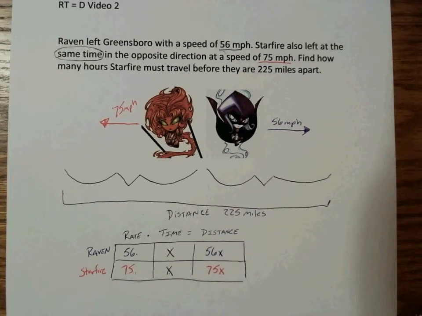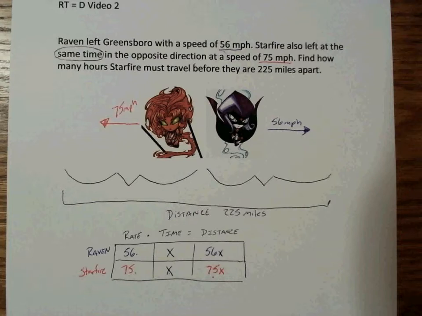That means if they both traveled for an hour, it would be 56 times 1, which means Raven traveled for a distance of 56 miles. If they both traveled for 2 hours, then we'll plug in 2 for X. So if we were trying to figure out how far Starfire ran, we'd do 75 times 2, which is 150 miles.